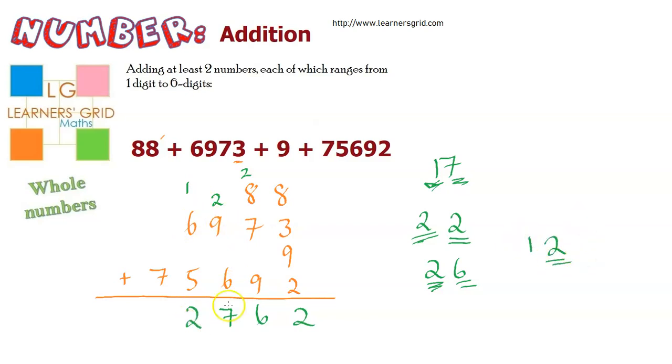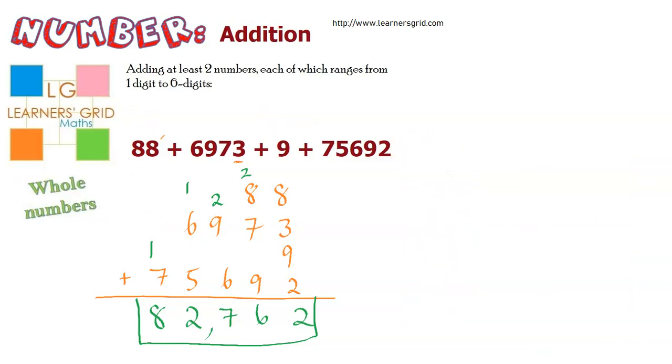The 2 goes here because it's in the ones column, and the 1, which is in the tens column, gets carried over. 7 and 1 is 8. So the answer of adding all of these addends together, so the sum, becomes 82,762. So that is one, and it's a very reliable written method to do it that way.